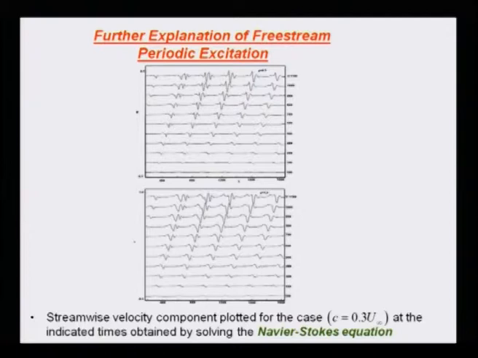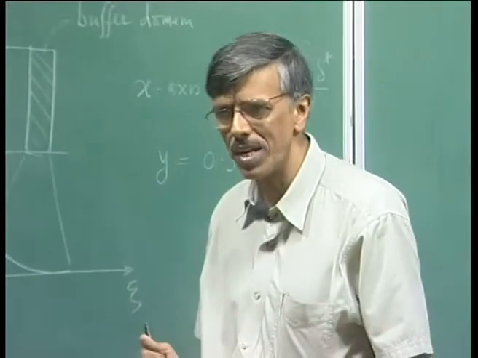This is something that we did in 2D by solving the Navier-Stokes equation, and we did this particular well designed case where we could see that. Now, we are talking about the propagation of this response field in the upstream direction.